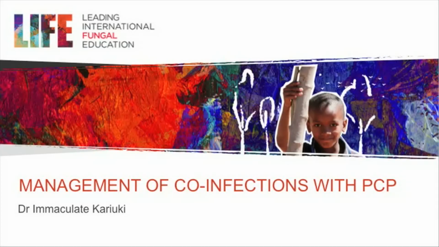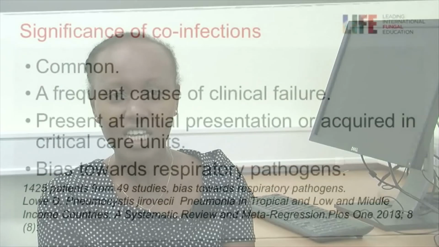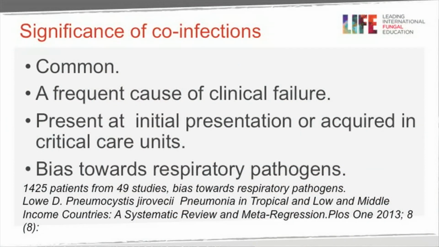Management of co-infections. So when we are thinking of managing patients who have Pneumocystis pneumonia, we always have to remember the significance of co-infections. The reason this is very important is because it's common.